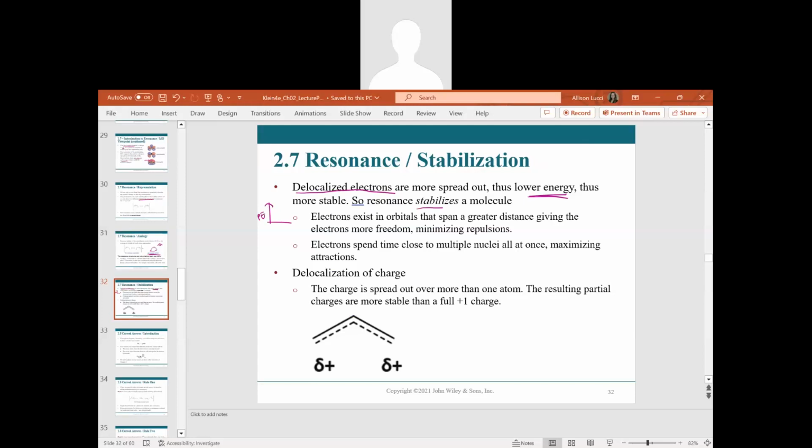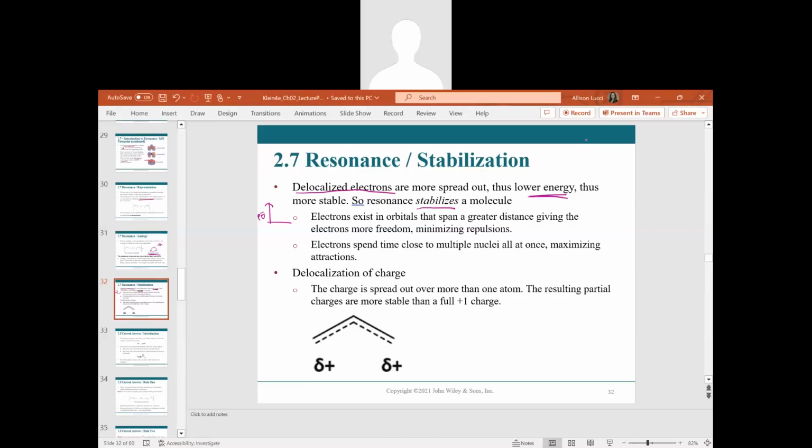So resonance, in turn, will stabilize a molecule. If a molecule has resonance possible, with delocalized electrons versus formal charges on atoms, those molecules that have resonance will be more stable versus the formal charges.